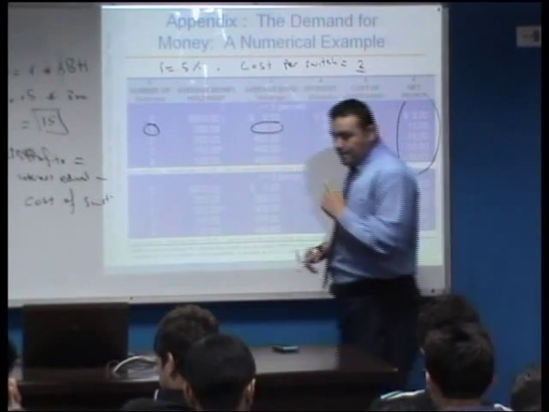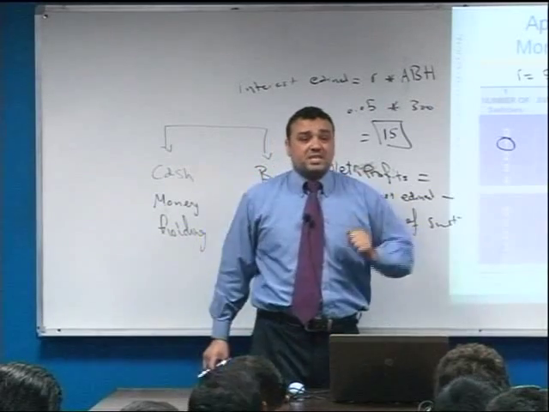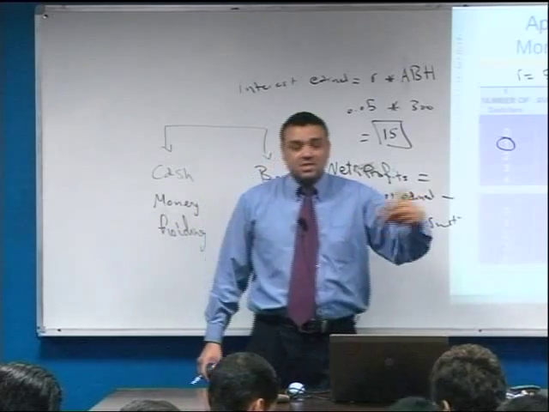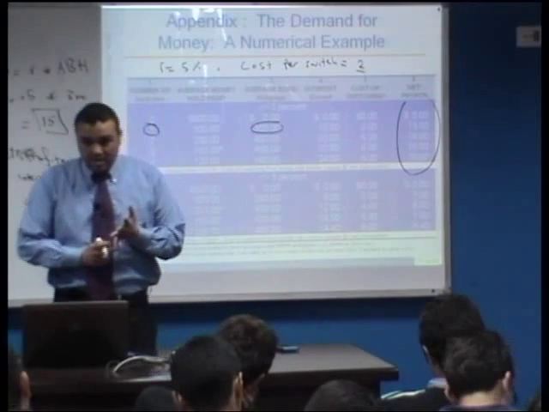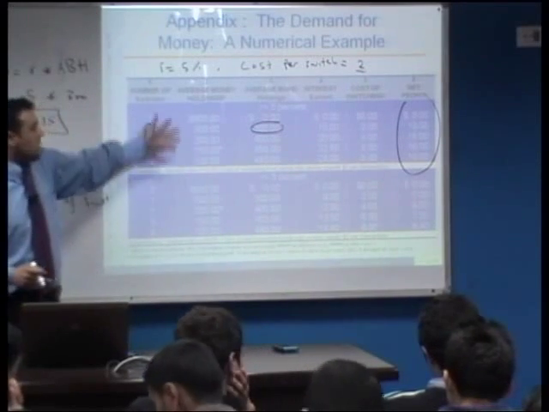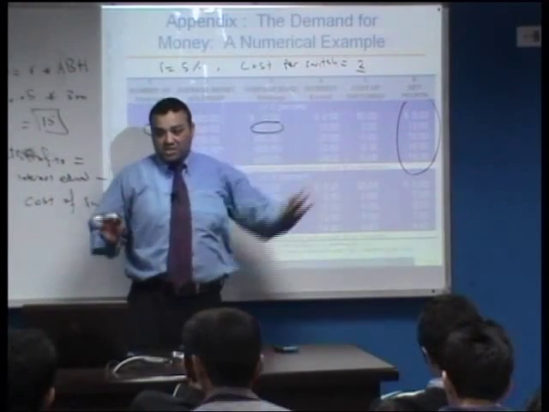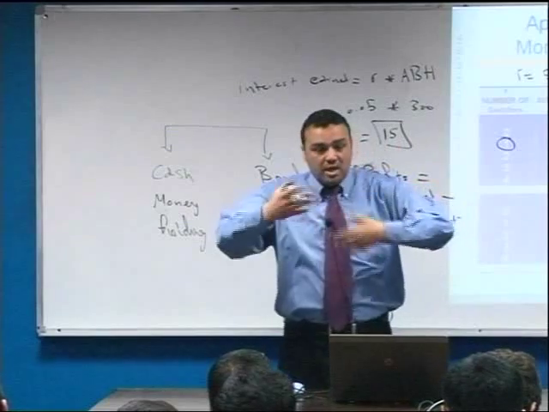Now suppose that the interest rate increased to 10%. Let's change the different variables: the interest rate, the number of switches, the average bond holding, the average money holding, and the cost of switches. Let's change them step by step.